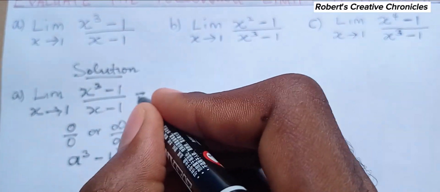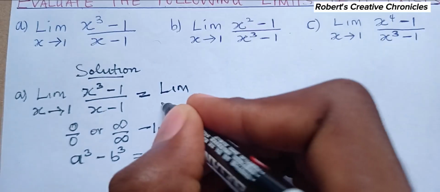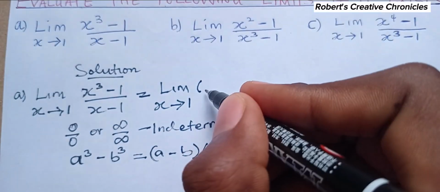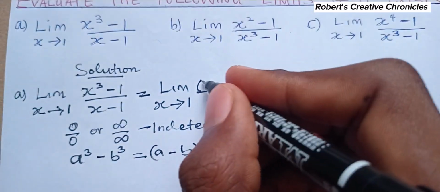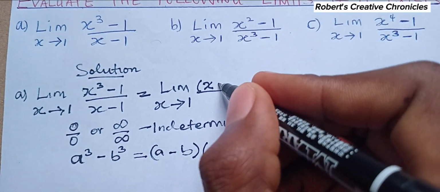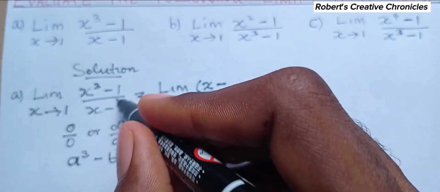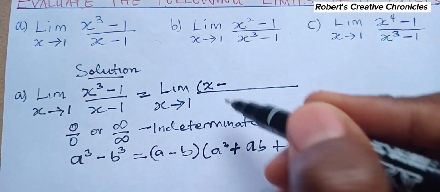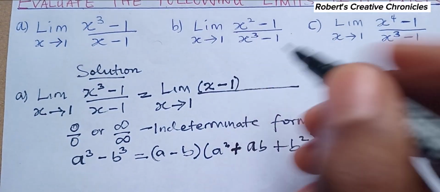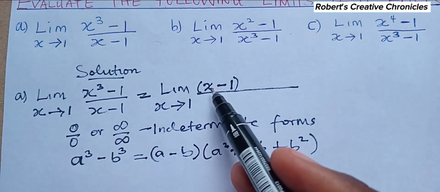So now this will equal limit as x approaches 1 of, maybe our a is x, minus our b is 1. 1 cube is also 1. So our b is 1.